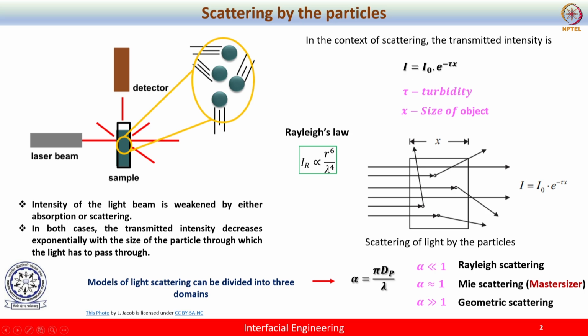But here, if you want to understand how the intensity varies as a function of size, it is a similar equation, but here you will have the scattering vector, that is q.